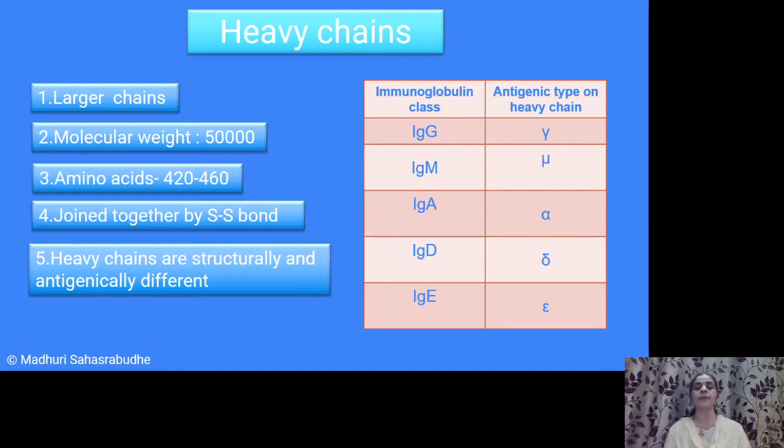So once again, the antigen determinant on the heavy chain is responsible for classifying the immunoglobulins into the different classes such as IgG, IgM, IgA, IgD and IgE. This is on the basis of the antigenic type on the heavy chain, referred to by the Greek letters gamma, mu, alpha, delta and epsilon.